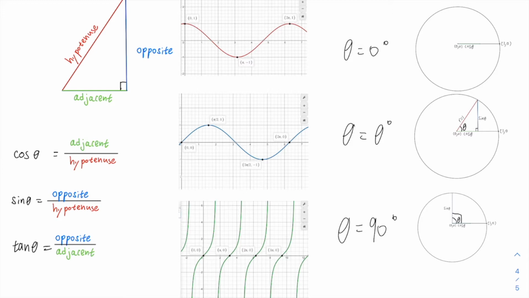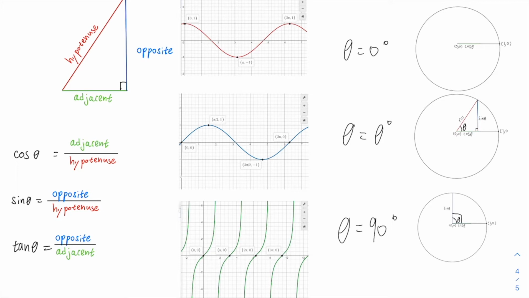So at theta 0, which is this point here, sine theta is equal to 0, because as we can see here, there is no sine. The sine doesn't have value in here when theta is 0. And as theta increases, the sine theta's value increases just like here. It's going up.